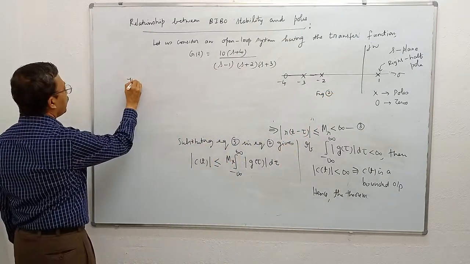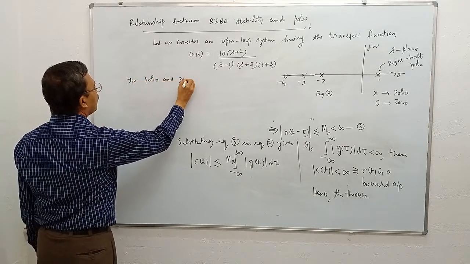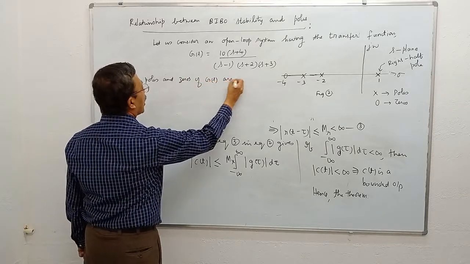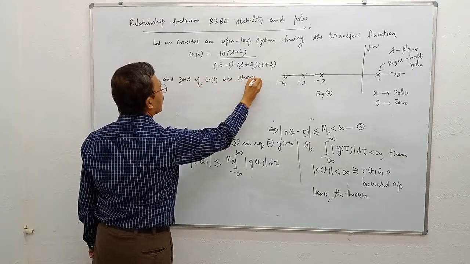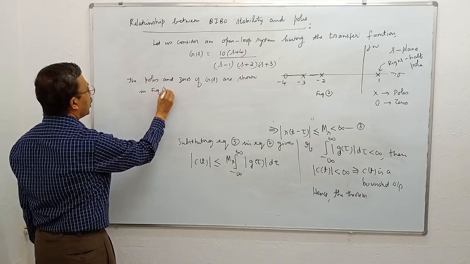The poles and zeros of G(s) are shown in figure 2.